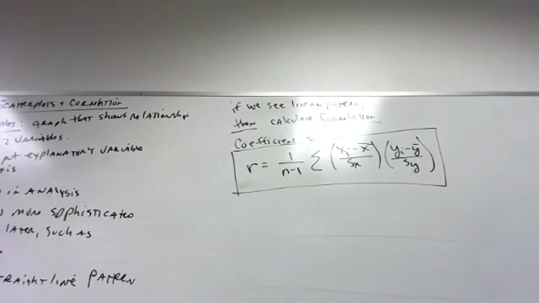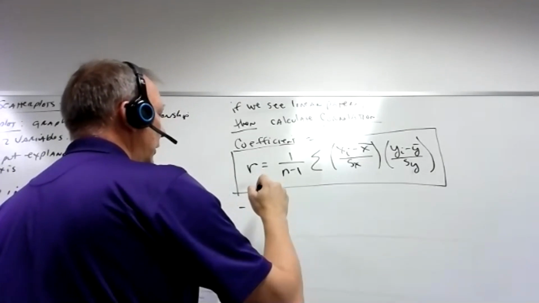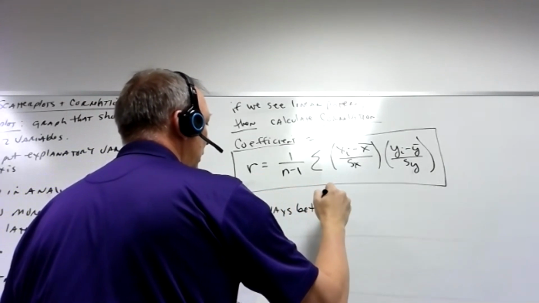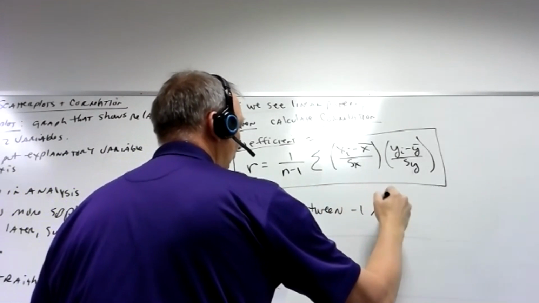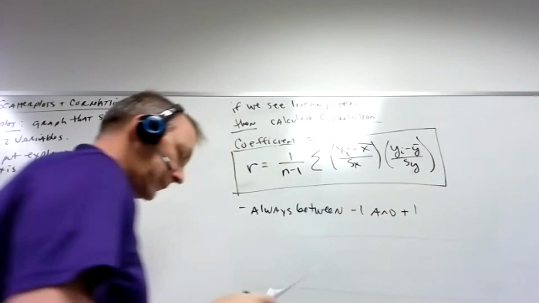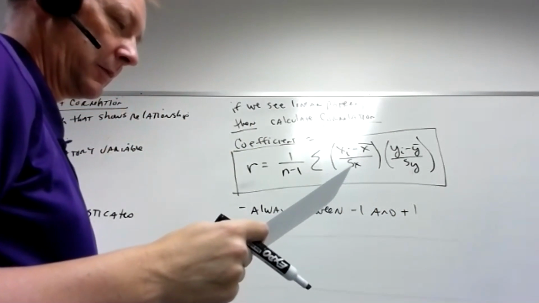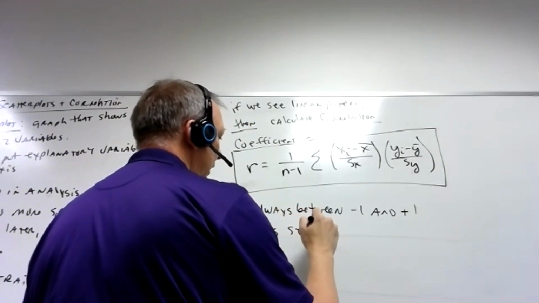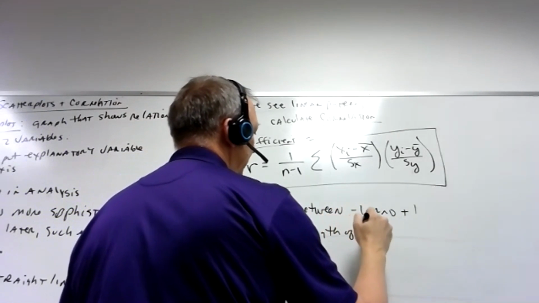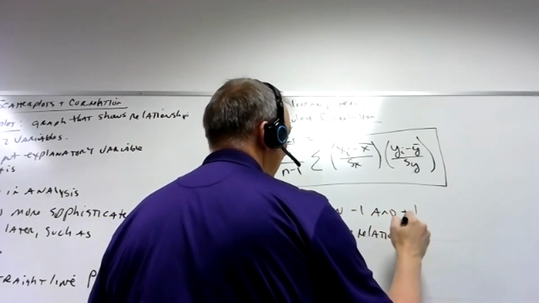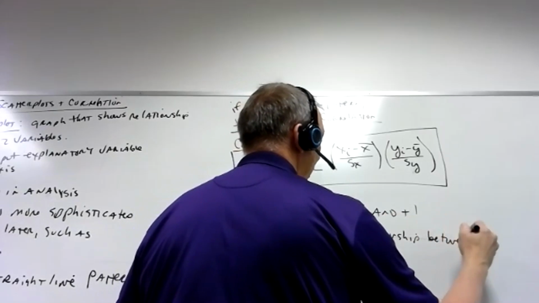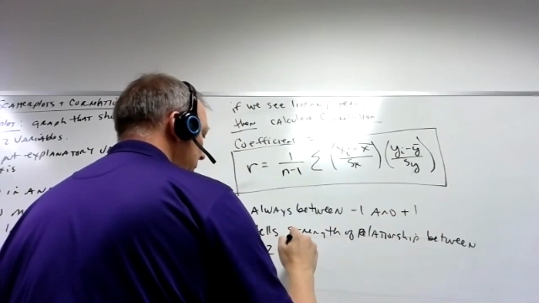Okay? Now, some notes about the correlation coefficient. It's always between -1 and +1. It tells the strength of the relationship between 2 variables.